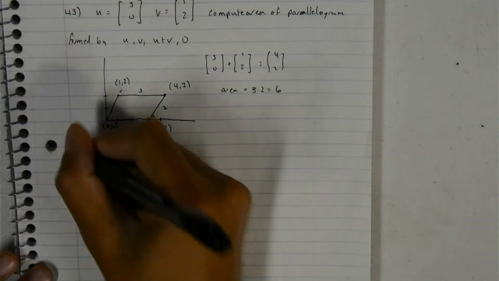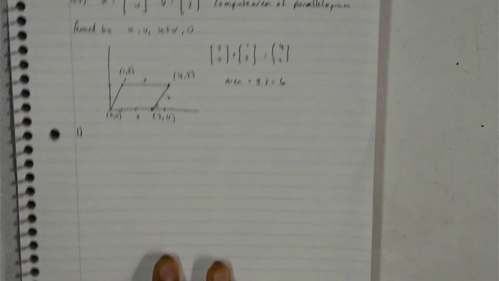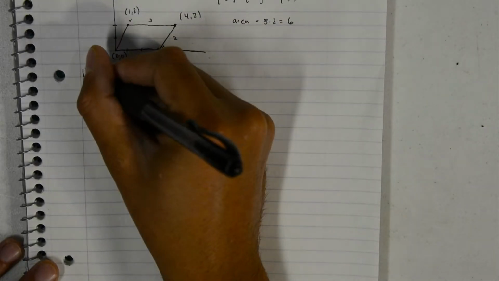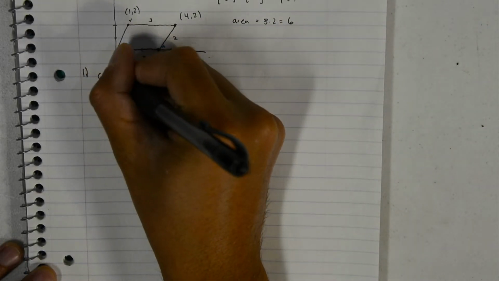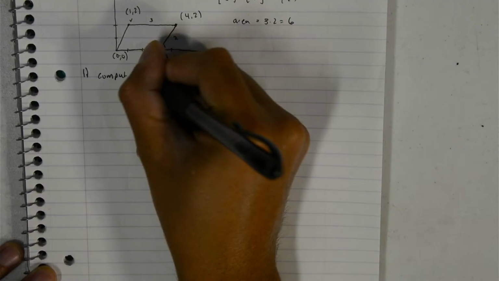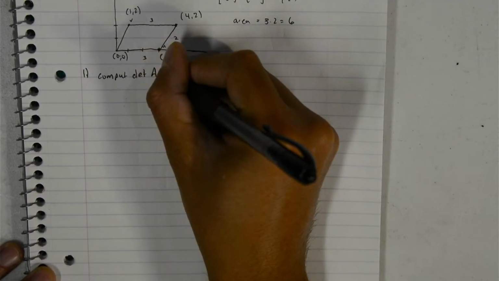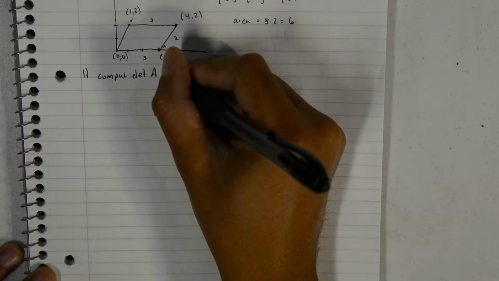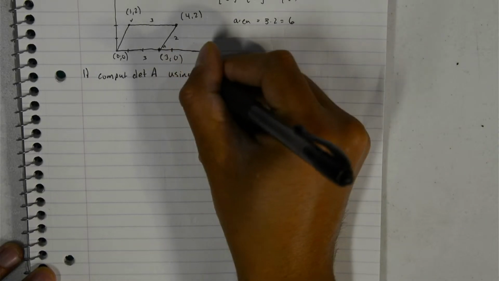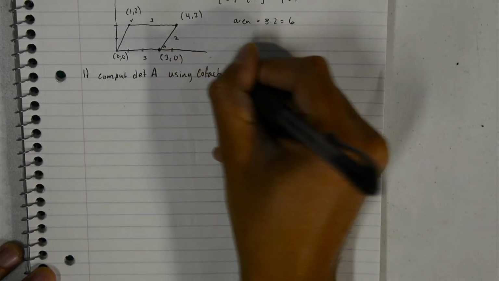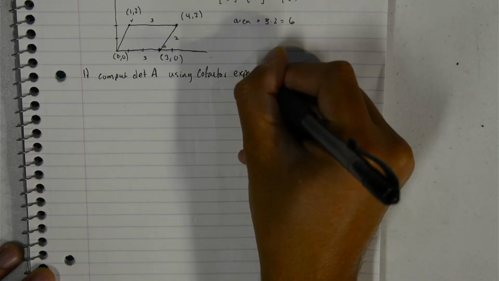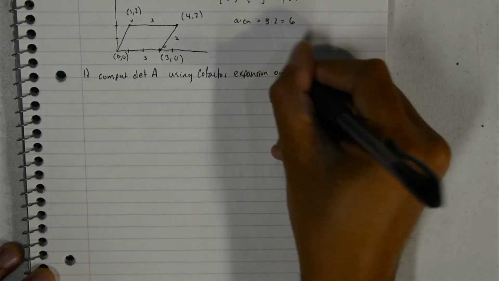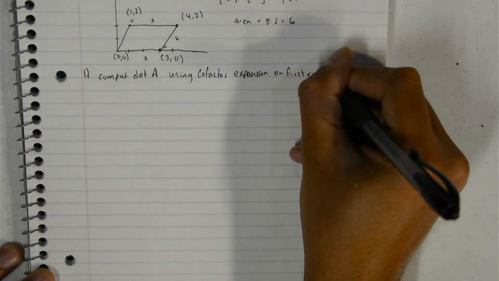All right, problem 1. So this problem is compute det A using cofactor expansion on the first row.